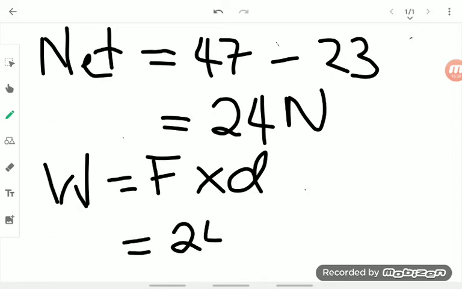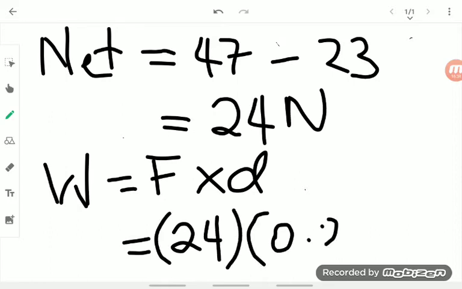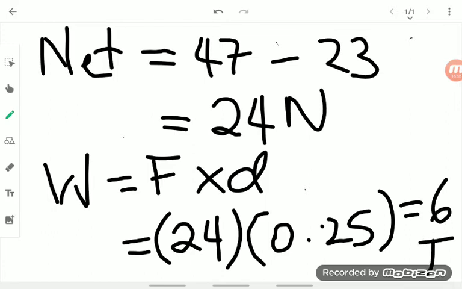So 24 newtons multiplied by a distance of 0.25 meters. So 24 times 0.25 gives me 6. And we know that's joules, 6 joules.